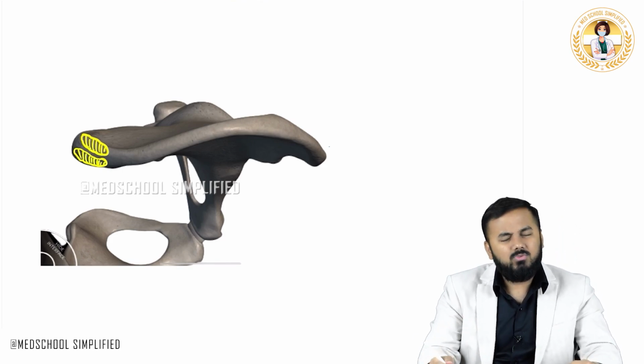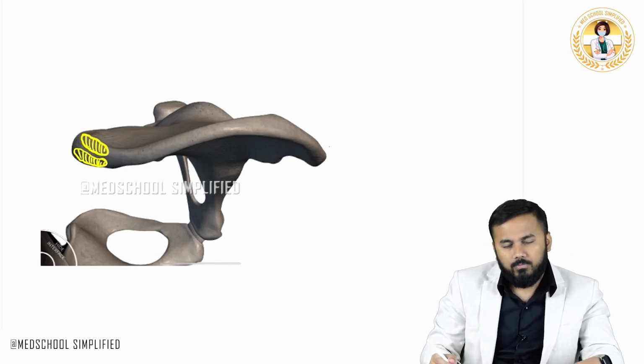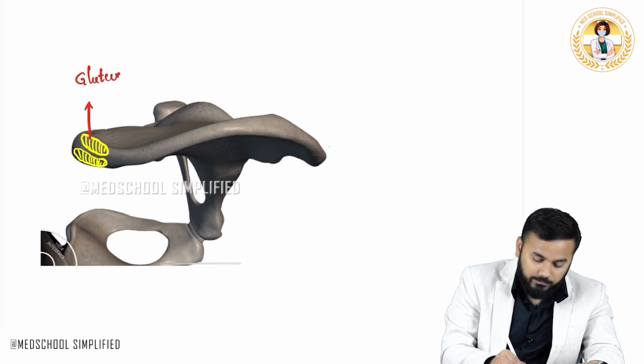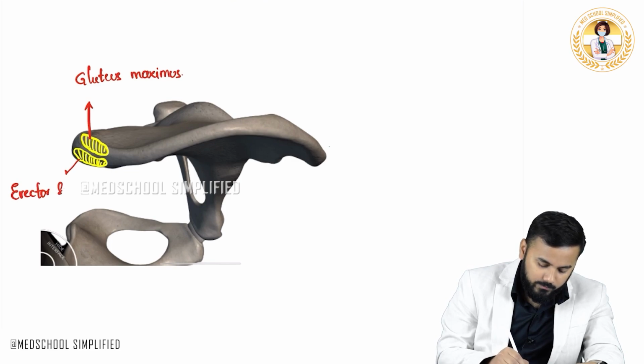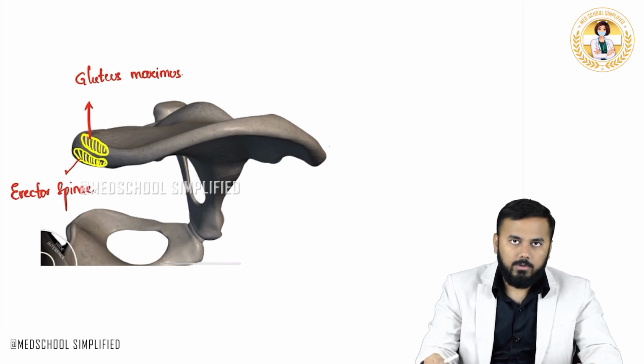These are things you just have to remember, guys. There is no other trick. You just have to remember them. So this is gluteus maximus, and this one is erector spinae muscles.